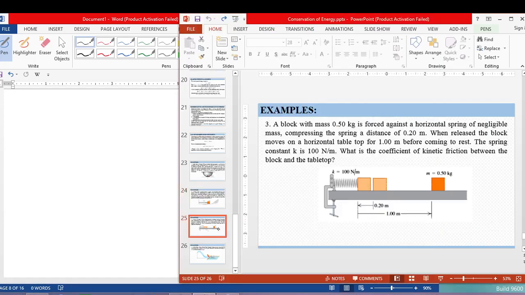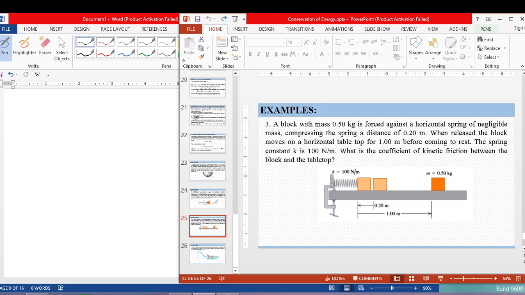Okay, so next, the second to the last example is actually purely elastic. So again, we have no point A, point B, or point C here, so we have to chop the event. First, the spring is compressed by a distance of 0.20 meters.